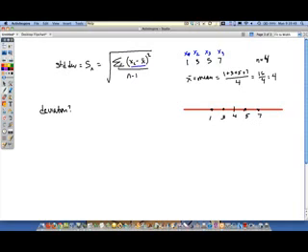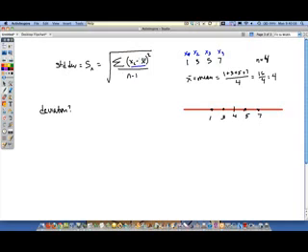Okay, so basically what they're saying is do this: 1 minus 4 squared, 3 minus 4 squared, 5 minus 4 squared, 7 minus 4 squared, and then add them all up.